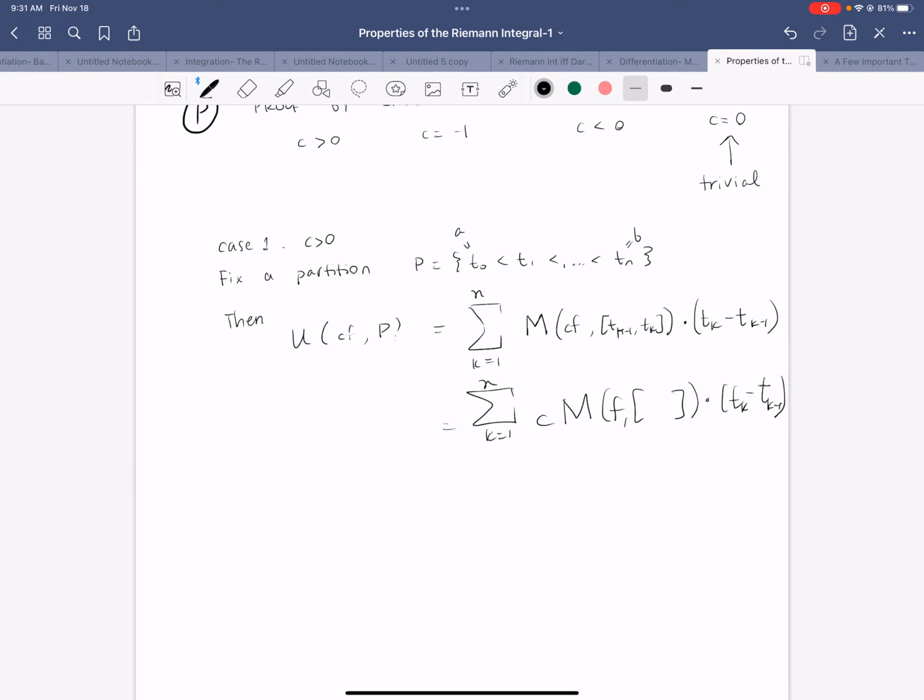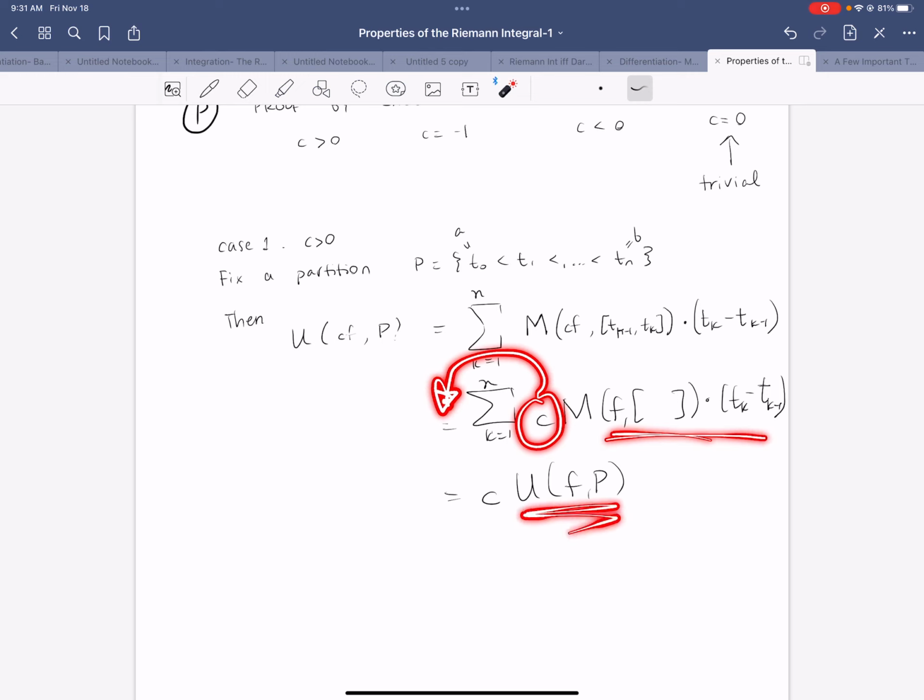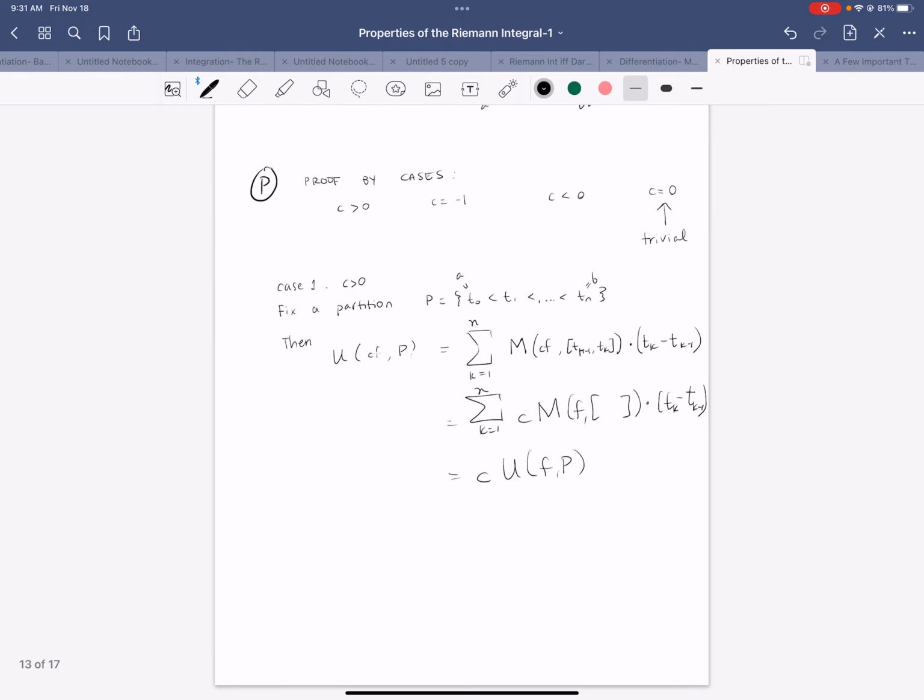Okay. And now notice this is going to be C times the upper sum of F with respect to P, because we can just take this C and bring it out. And then what's left is the upper sum of F with respect to P. So that's going to tell us that the infimum of these upper sums is the infimum of the set of C times the upper sums.